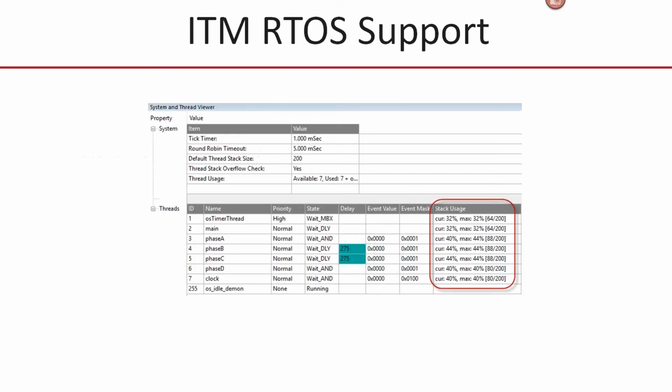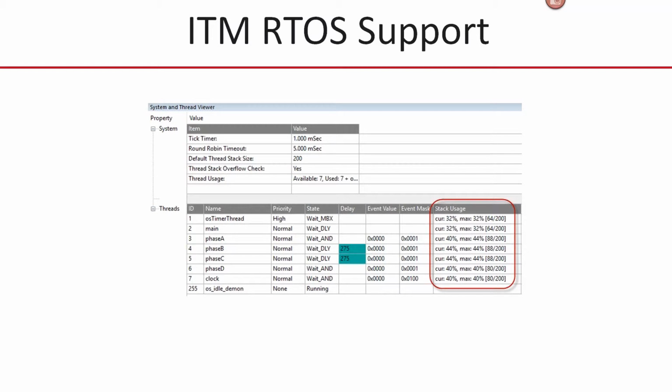As I've mentioned, we can also get RTOS information through the instrumentation trace. So within the kernel, again, we're sending messages through the ITM up to the debug tool, which can then display them in an RTOS viewer window. So all of this is stealing some time off the CPU. It is, however, fairly minimal, and you get a huge amount of information.